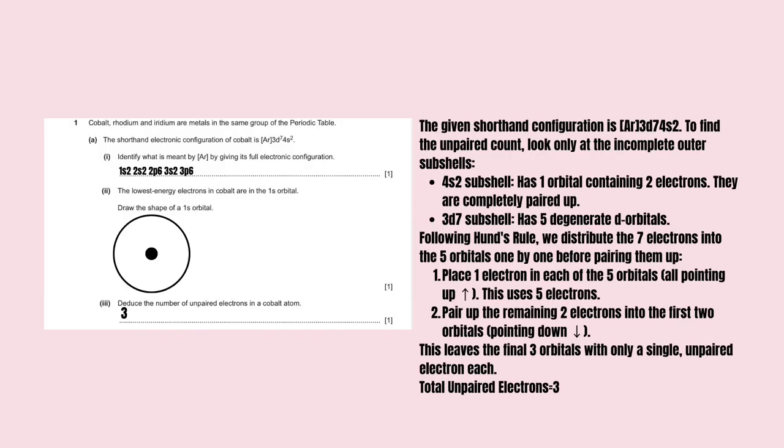First, place 1 electron in each of the 5 orbitals, all pointing up. This uses 5 electrons. Second, pair up the remaining 2 electrons into the first 2 orbitals pointing down. This leaves the final 3 orbitals with only a single unpaired electron each. So the total unpaired is 3.